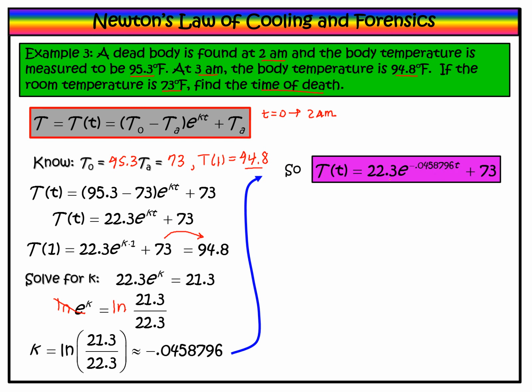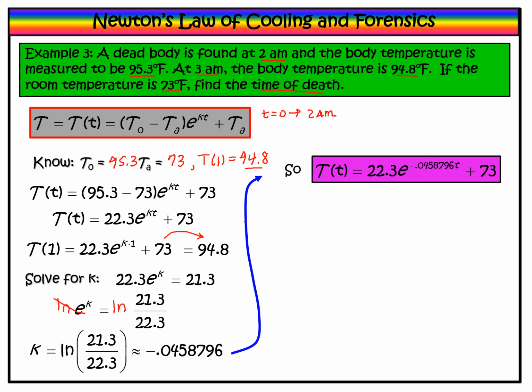So now we know that our equation is 22.3 e to the negative 0.0458796t plus 73. Okay, so I just plugged in my k right here. So we already had our other values. So now what do we do? Well, we want to find the time of death.